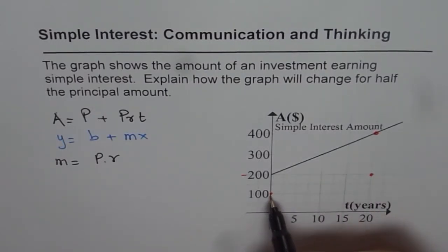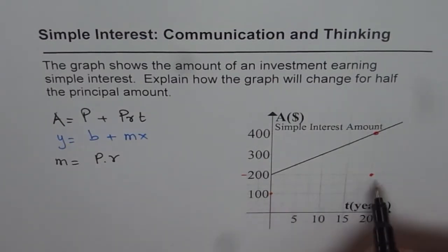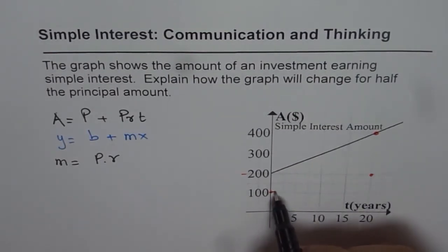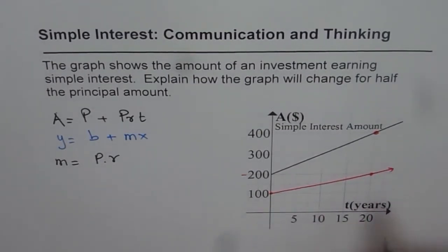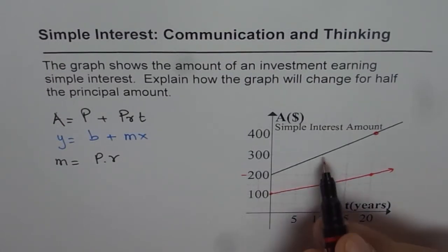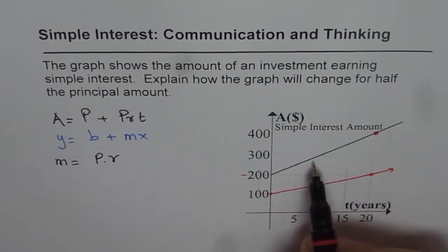Joining the initial point, that means the principal amount of $100, with $200 after 20 years gives us the graph. So we can draw this, and that indicates the graph when we change the principal amount to half, right? As you can note from here, the slope of our line is half the slope of the original.